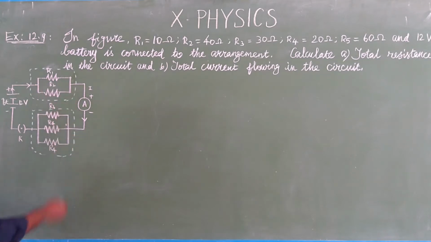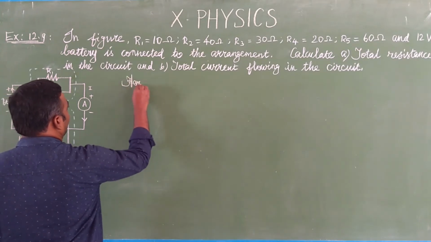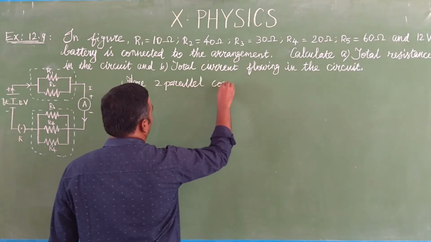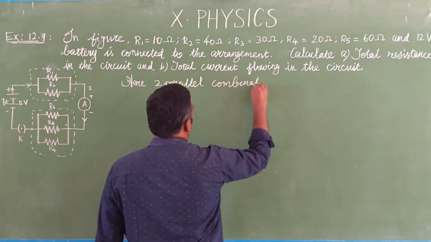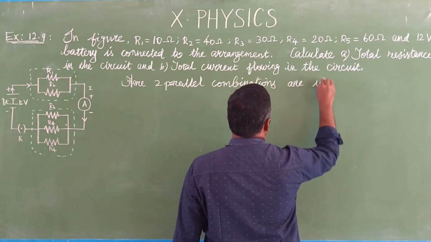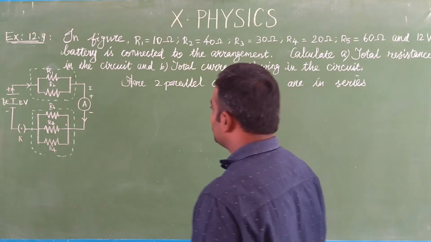The two parallel combinations are connected in series. So we want to calculate the total circuit resistance.